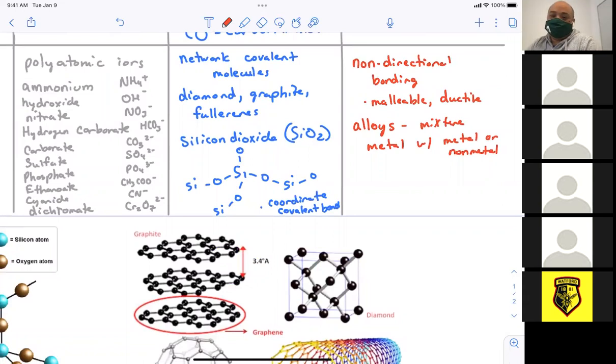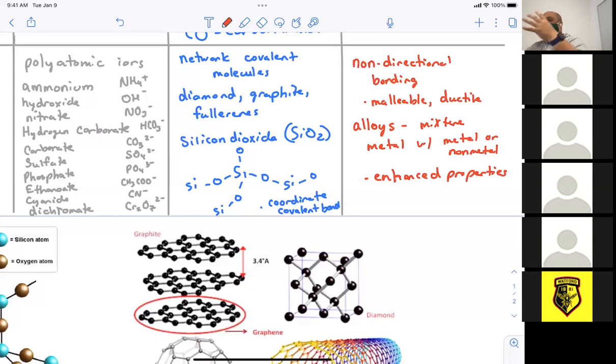Okay, alloys. They provide enhanced properties. An alloy is a mixture of a metal with another metal or a non-metal. You don't have to go really into detail on the types of alloys, but brass, for example, is an alloy of copper and zinc.